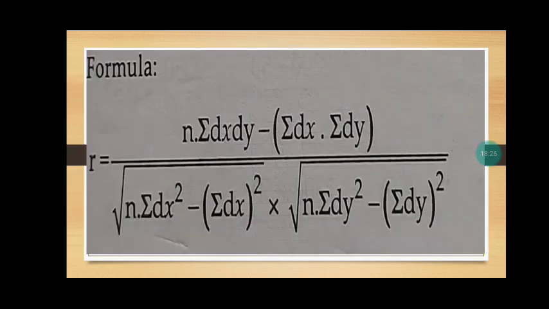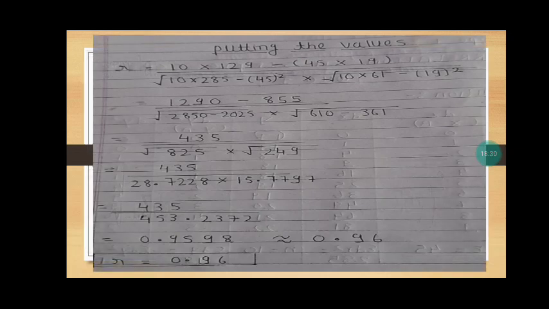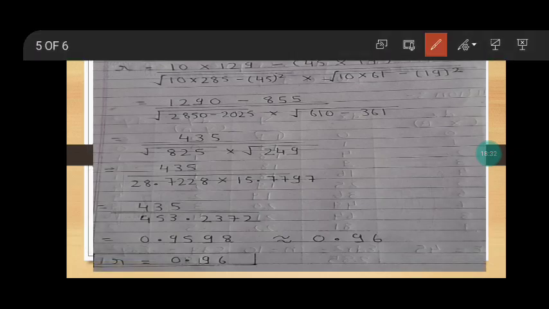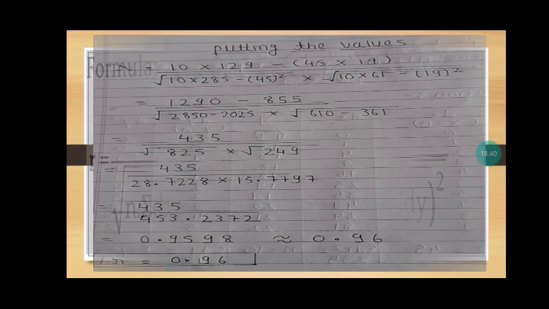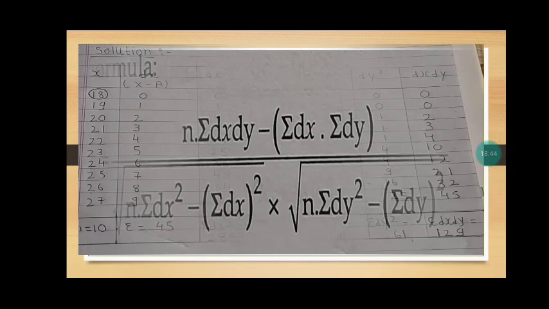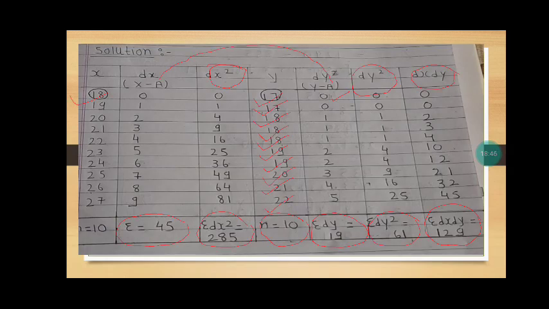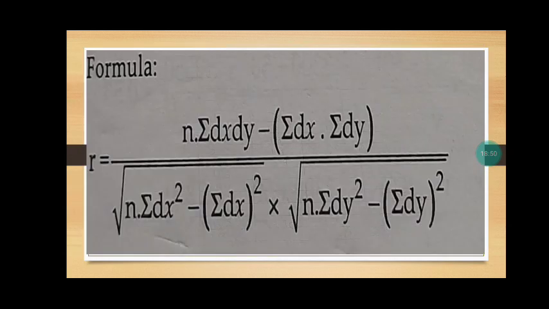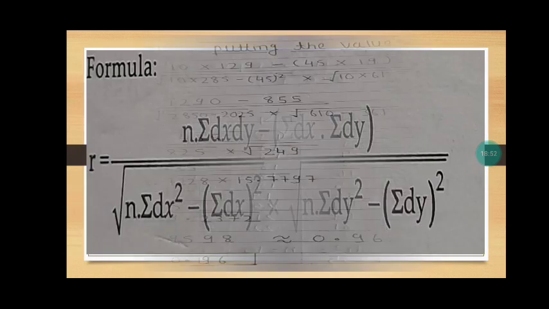So see, here we have written 10. Then into summation dx dy. Here you can see that we have written summation dx dy in the chart. Value of summation dx dy is 129. So here we have written 129.